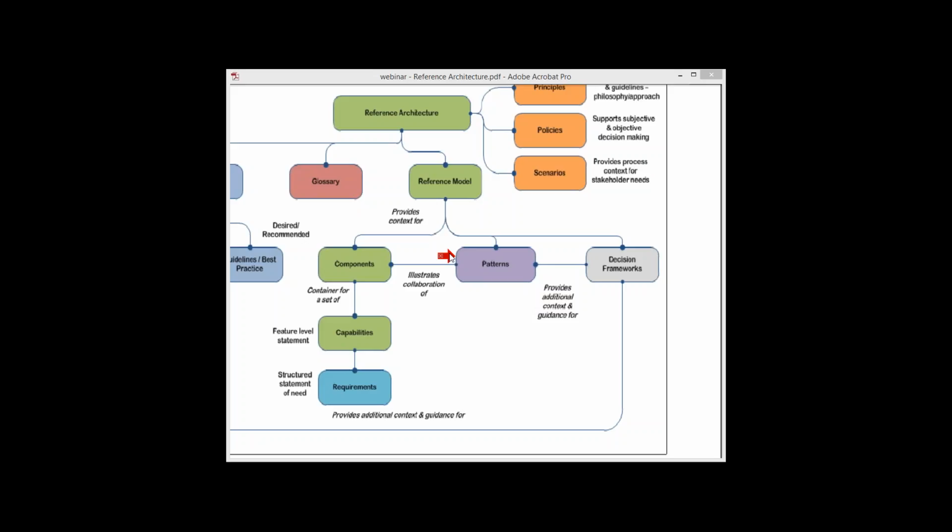Lots of different patterns out there. And in a lot of ways, patterns are highly parallel in their conceptual nature with reference architecture.